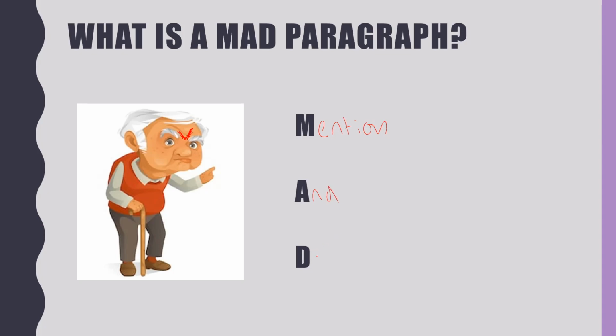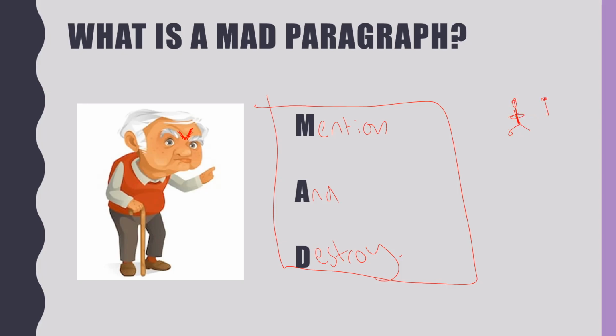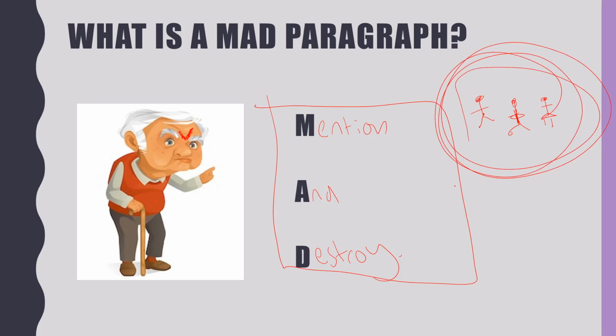Anyway, MAD stands for mention and destroy. So what you do here, an overall outline of this whole paragraph, is you say these people over here, a stick man, stick woman, another stick person, think this thing here.